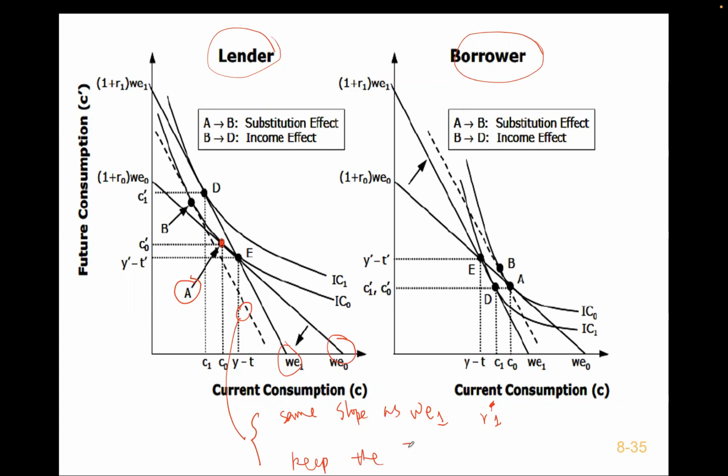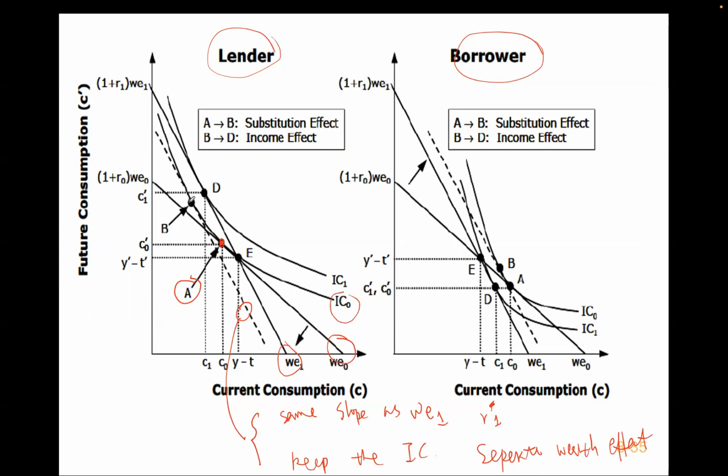Number two, this dotted line is going to keep the IC. In that sense, this is the way we rule out, or separate, the wealth effect. So this is the purpose of this dotted line: it is tangent with the original indifference curve.